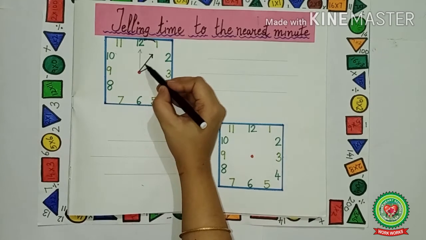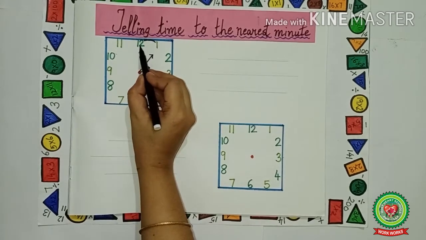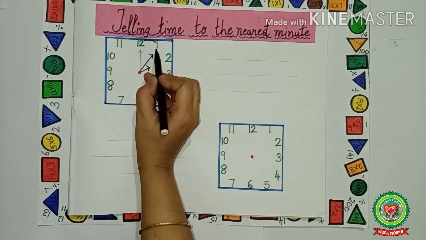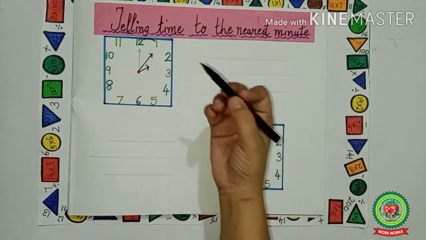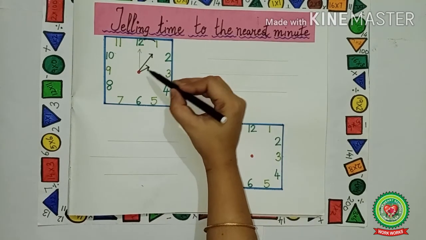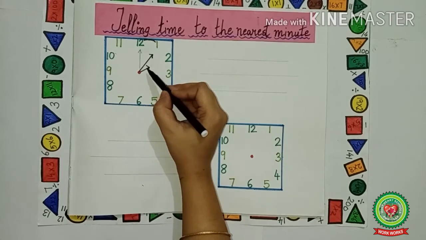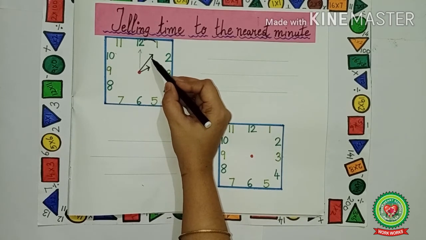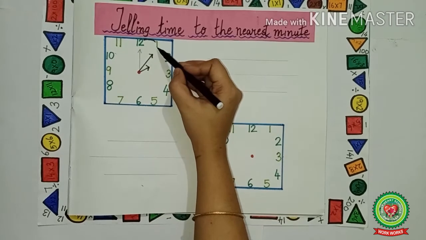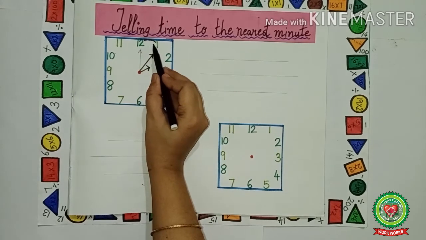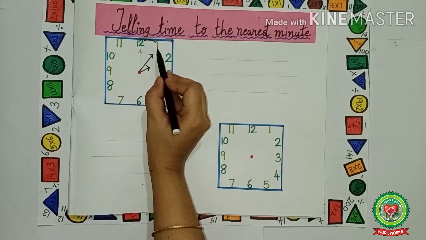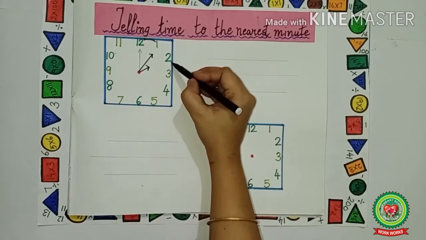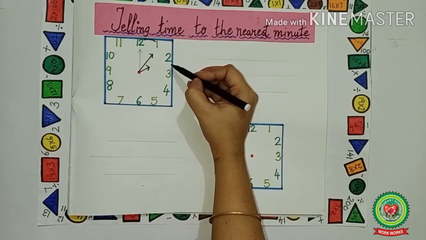So now the minute hand has moved from 12 to 1. That means what is the time now? The hour hand is at 2, that is the short hand, and now where is the minute hand? That is at 1. That means it has passed 5 minutes. 5 minutes past 2. So I will tell you how to write the time.